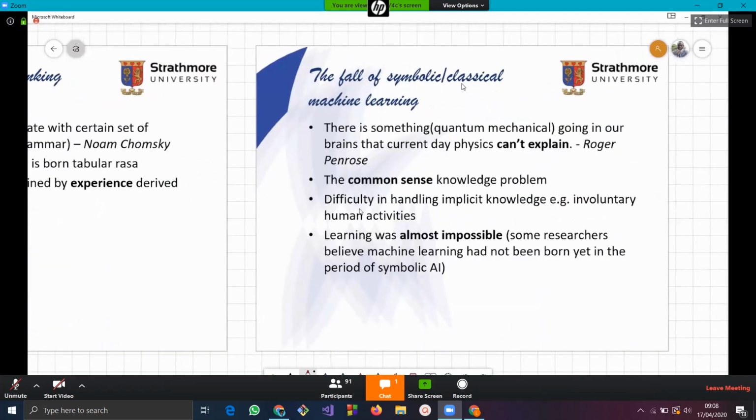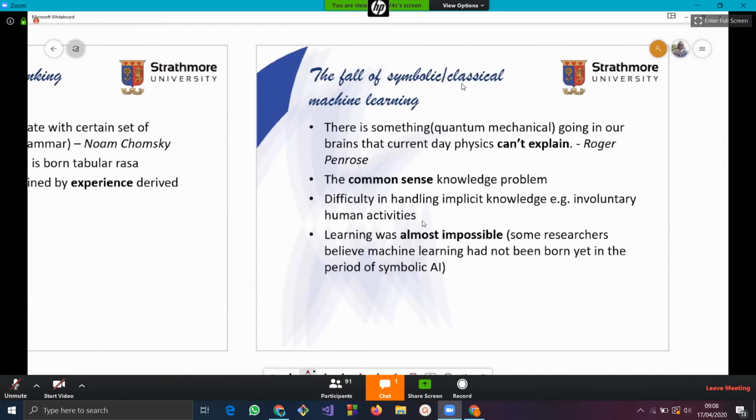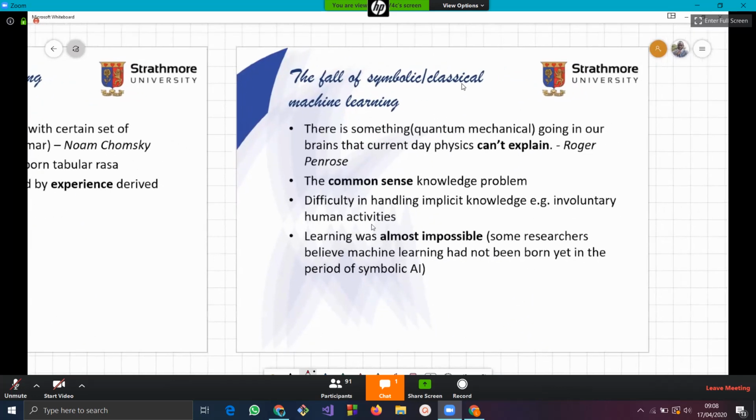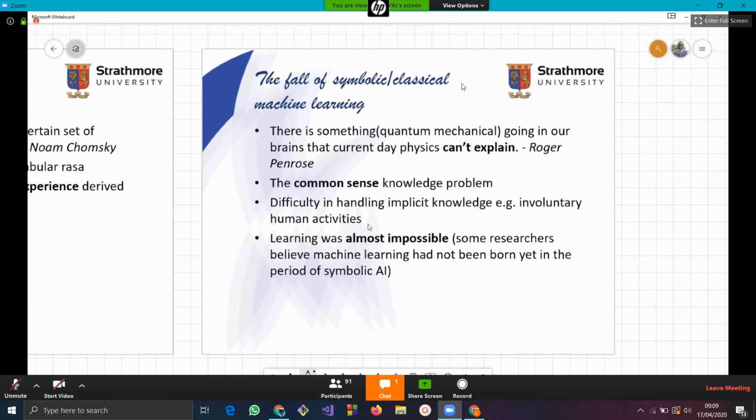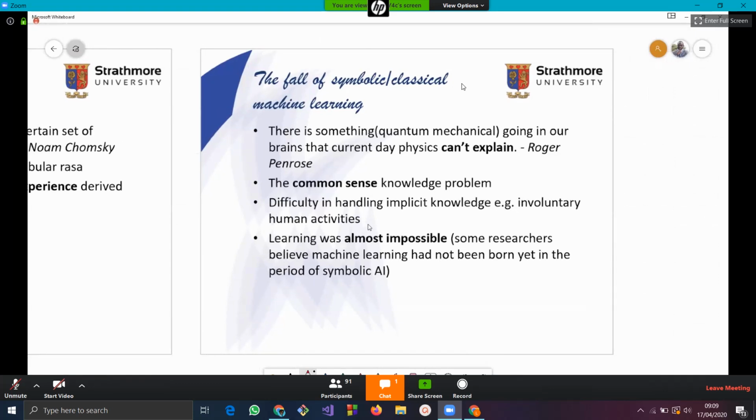So why did symbolic AI fall? The key problem here is what we pointed out in knowledge-based systems, KBS. For example, representing common sense became so difficult. Roger Penrose says that there is something quantum mechanical going on in our minds or our brains that modern day physics can't explain.